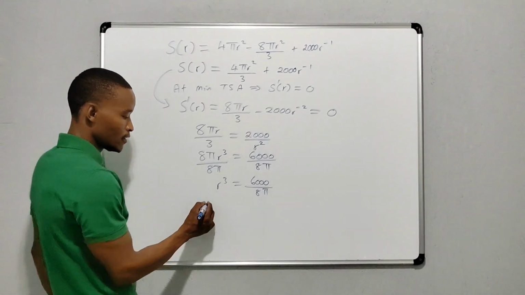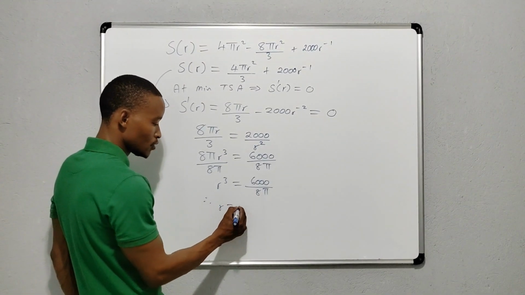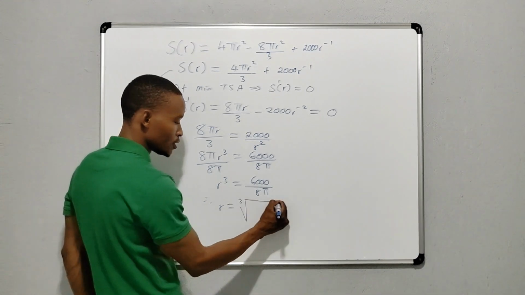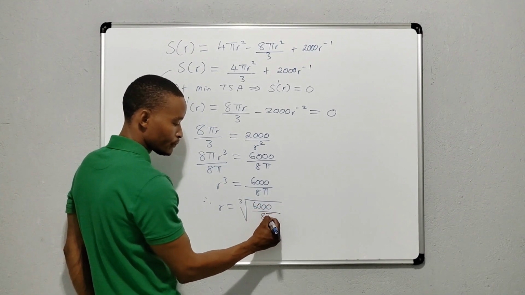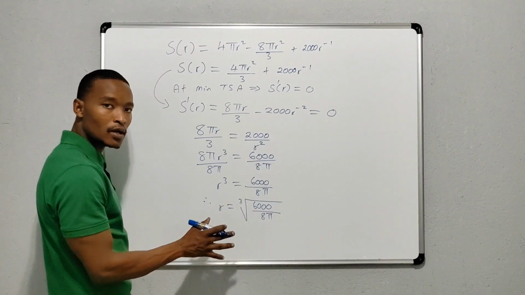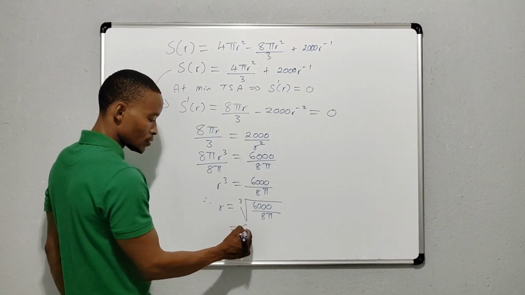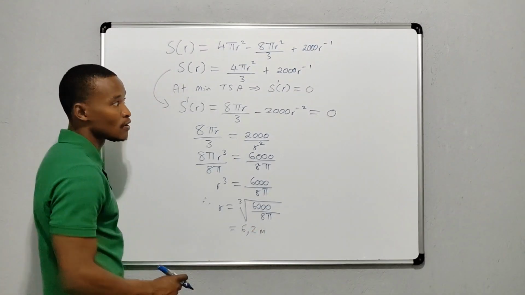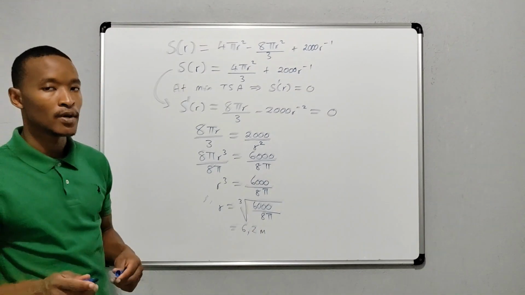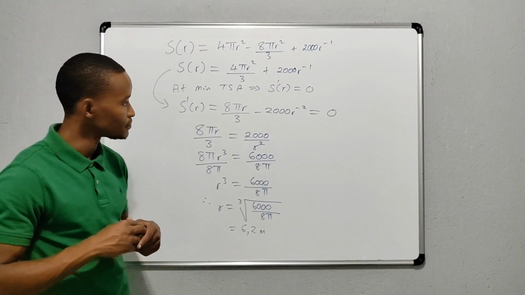And therefore what is the value of r that we're looking for? It will be the cube root of this fraction right here. Plug that into your calculator, you'll get about 6.2 meters for a minimum surface area.